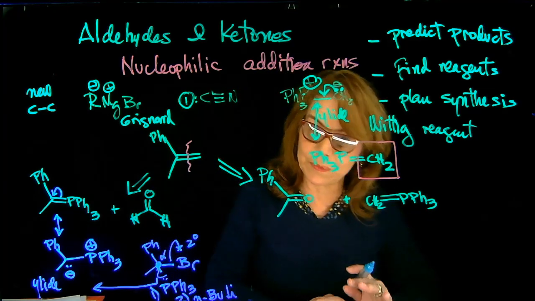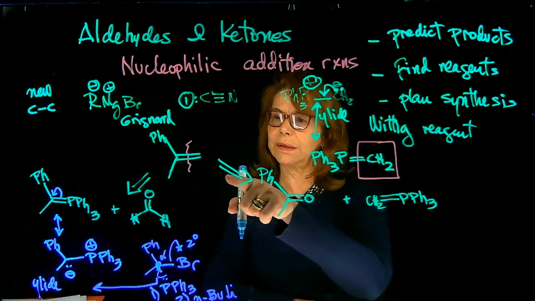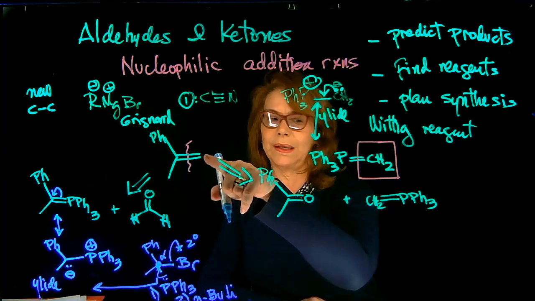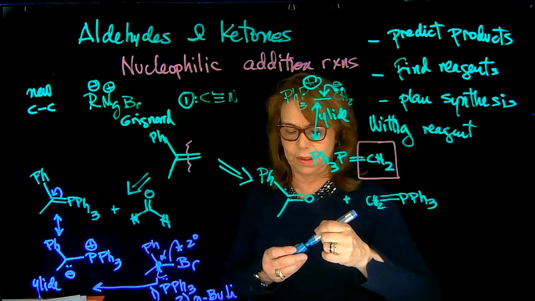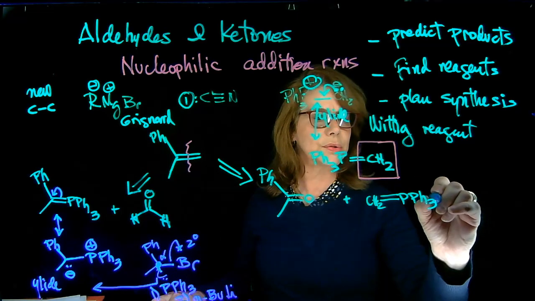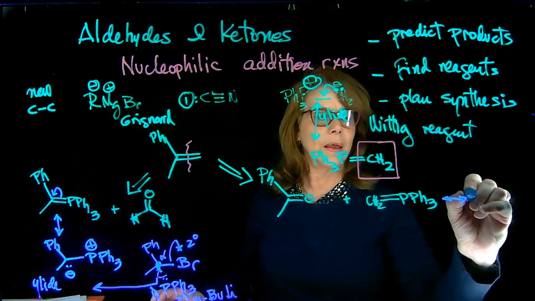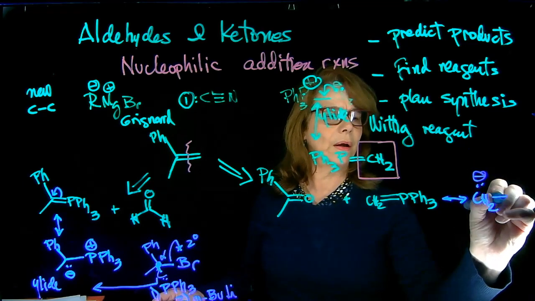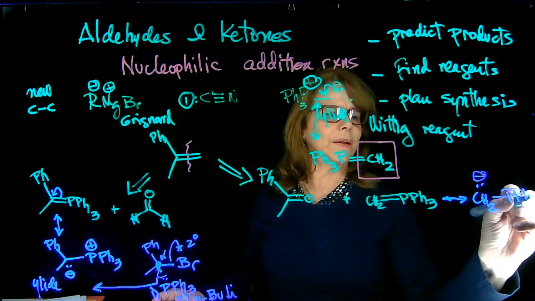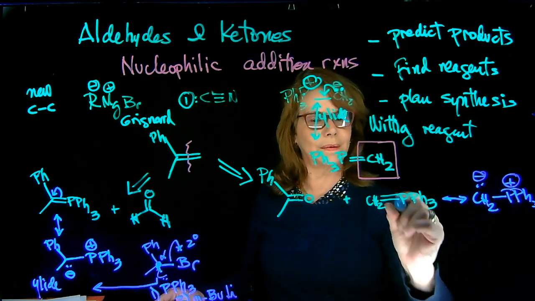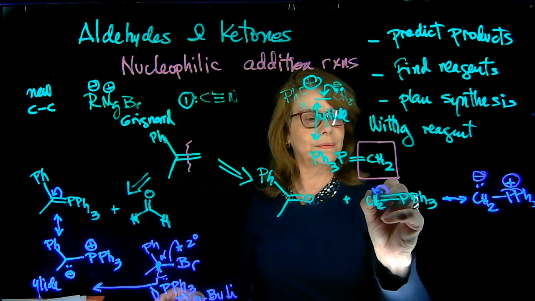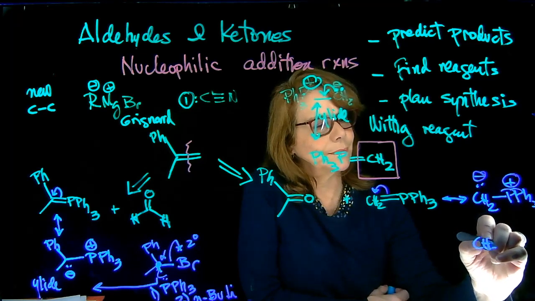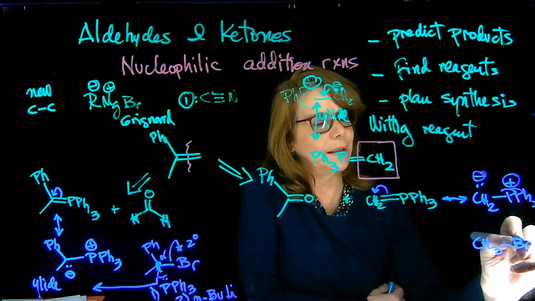Now let's look at the other pathway. If we disconnect that way and put the O on this side, here my fragment would be the ylide corresponding to, let's do the resonance structure. Here I will have CH2 negative, PPh3 plus, so that means I'm doing this, and this comes from the following alkyl halide.